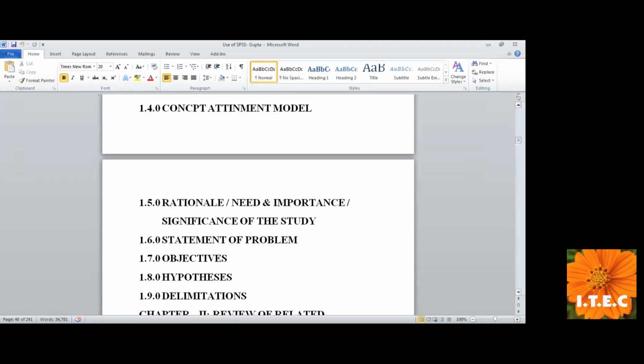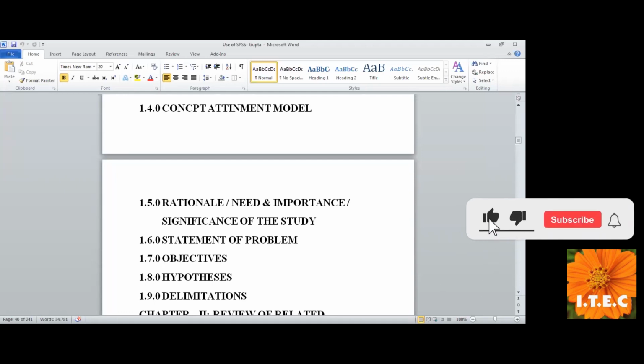In qualitative research, you will not have any hypothesis, so no need of writing a hypothesis. But if you are conducting quantitative research, then you have to have a hypothesis. Okay? And then delimitation.